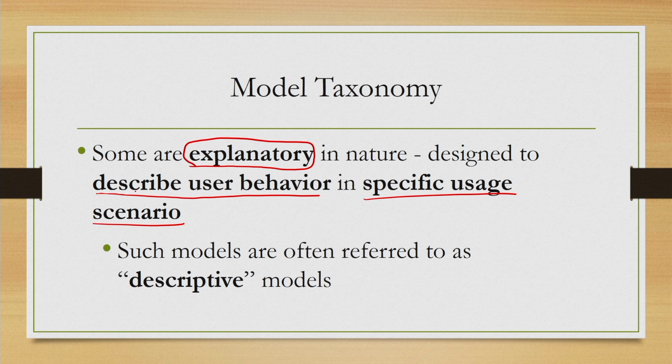Apart from the description, we cannot do anything, but the description of course helps us in understanding the design, understanding how to design. It gives us some idea. Since these models are used to describe the behavior in a specific scenario, they are often called descriptive models. So, this is one category of model.